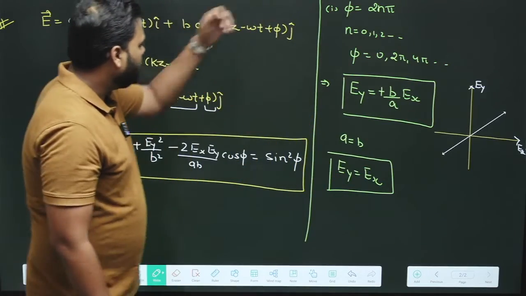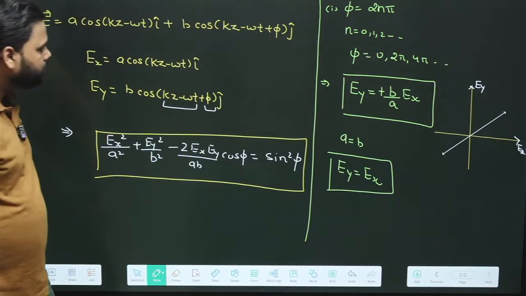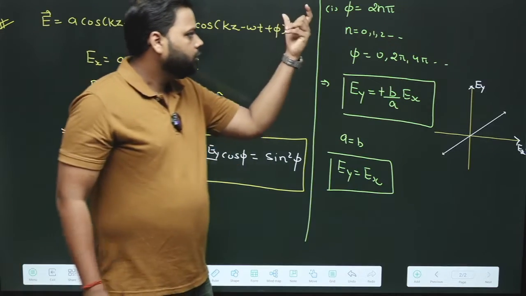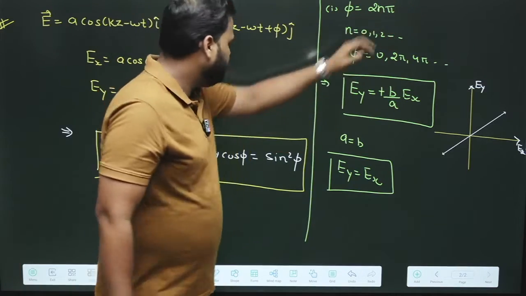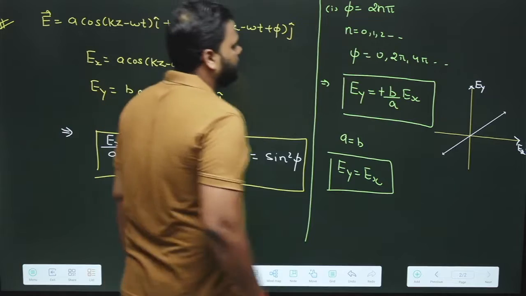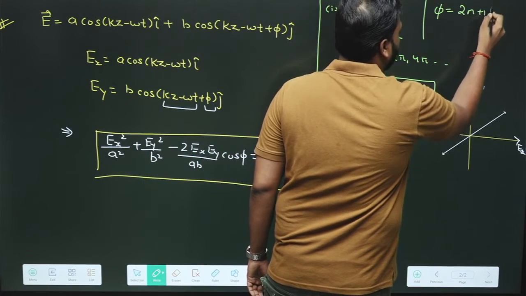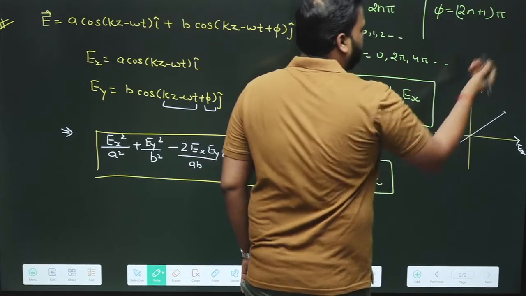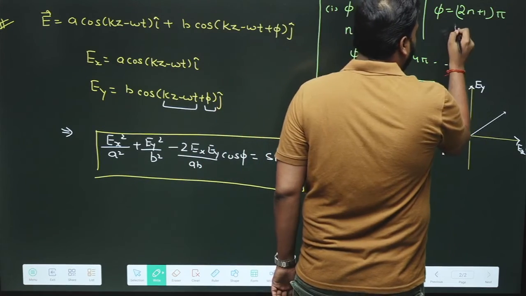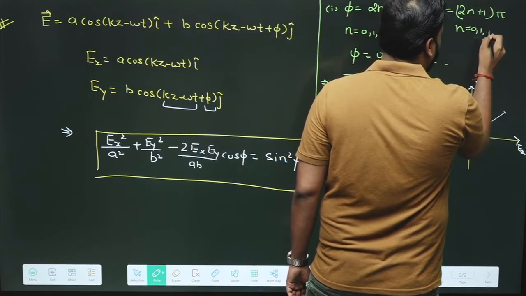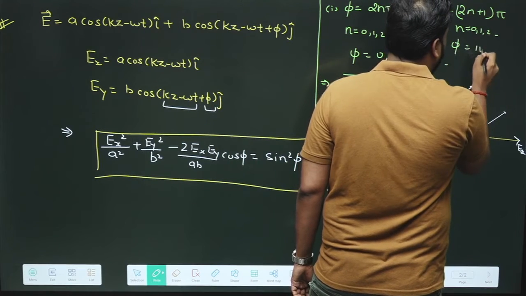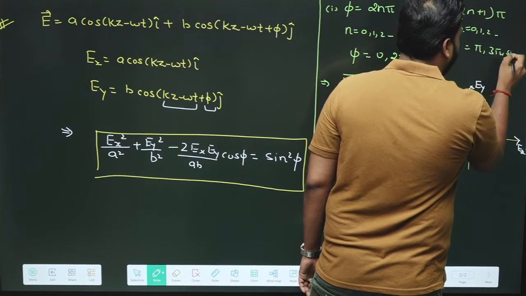Okay. So what is the recognition of the plane polarized light? Phase difference is 2n pi. See guys, if you want, now you can also take phi equal to (2n plus 1) pi. It's nothing going to change again. If you take n equal to 0, 1, 2 and so on, the phi will be what? Pi, 3 pi, 5 pi.